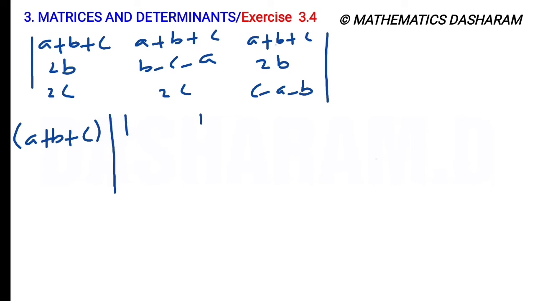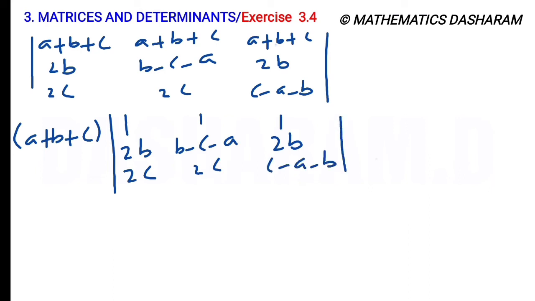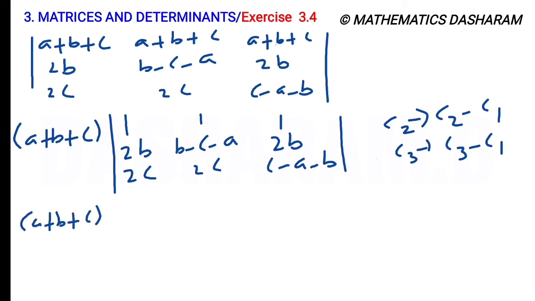Then here 1 1 1, 2B, B minus C minus A, here 2B. So 2C, 2C, C minus A minus B. Next, what I am doing: column 2 replace with C2 minus C1 and column 3 replace with C3 minus C1. So then here A plus B plus C.